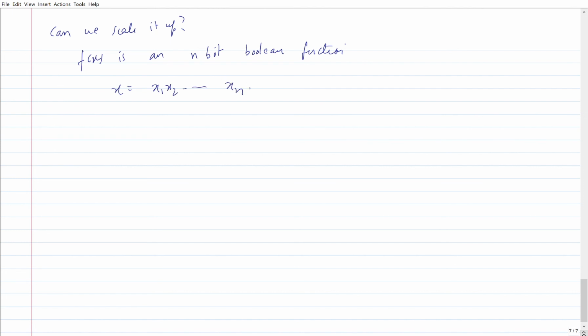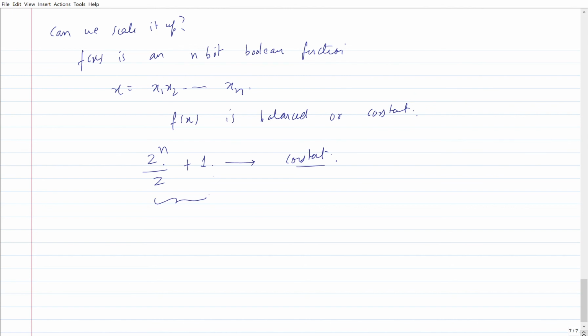And we are given the promise that either it's a balanced function, or it is a constant. Now, roughly, if there are 2 to the power of n inputs, I'll have to do this calculation 2 to the power of n divided by 2 plus 1 times. If it's a constant function, then I have to check at least half plus 1 values, and if all of these values are the same, I'll conclude it's a constant function.